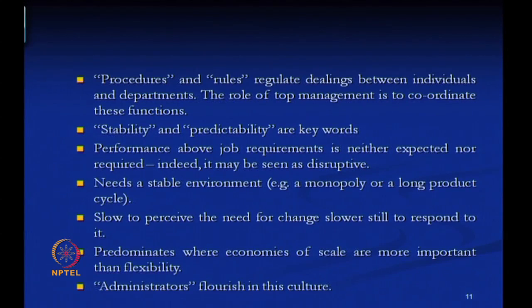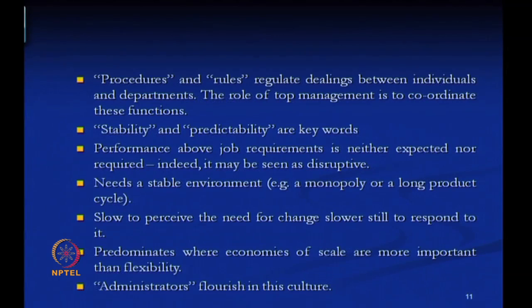Above all, it operates in a stable environment and it has a long product cycle. It is slow to perceive the need for change and slower still to respond to it, which is why even the people who admire rules and regulations and therefore see it as a tool to keep the Zeus under control start cribbing about slow decision making processes in such a system.